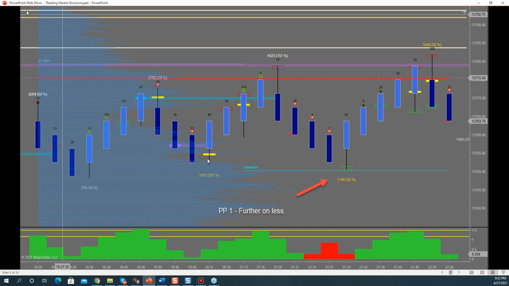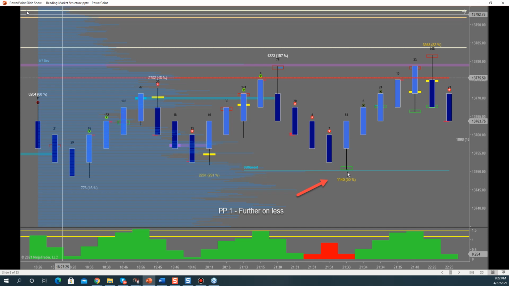They're almost the same, but this one went a little further down. Okay? And on what volume? Half the volume, right? With half the volume. See that? 50%. So in a ranging market, the market has to go a little bit further.